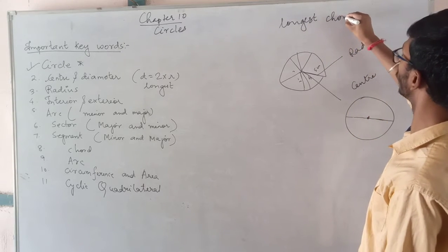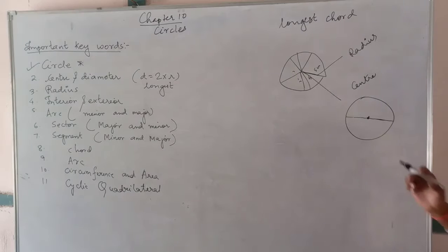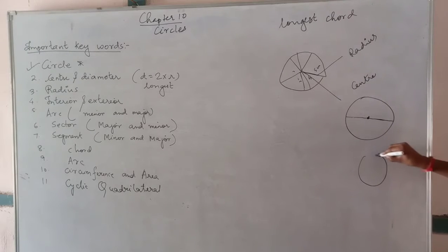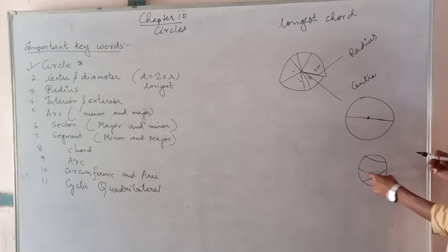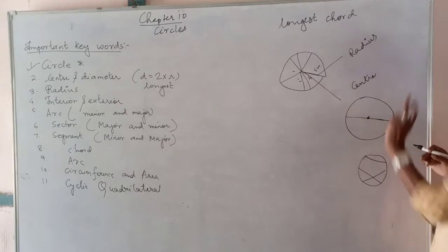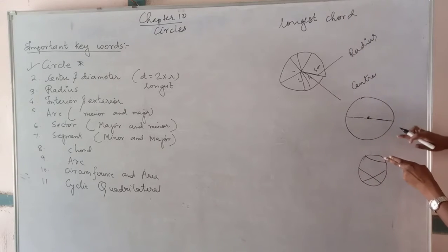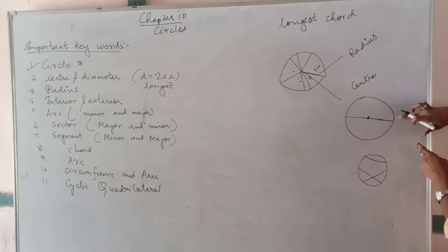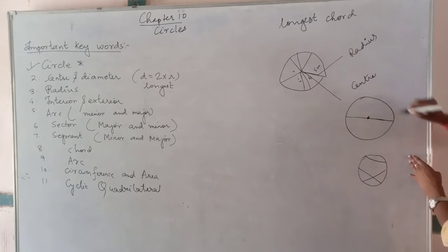Now what do you mean by chord? Chord is a line which touches the circle at 2 points, okay, like this. So any line which touches the circle at 2 points is called as the chord. So the longest chord in the circle will be the diameter.